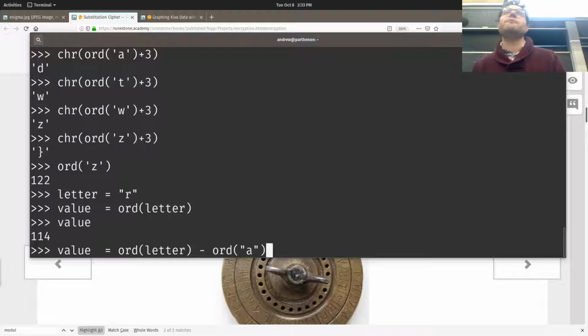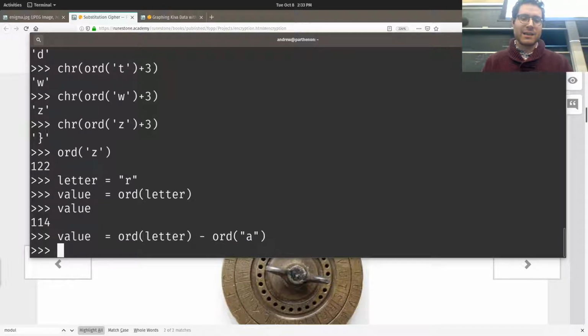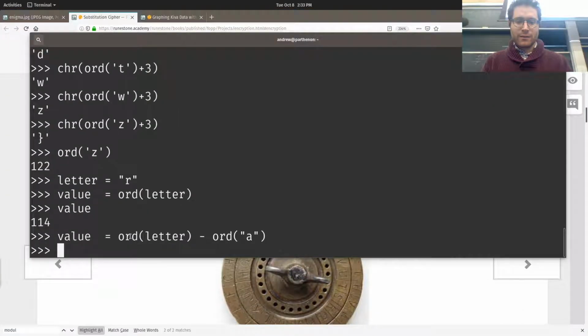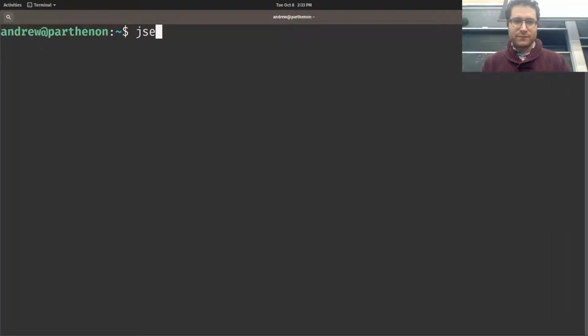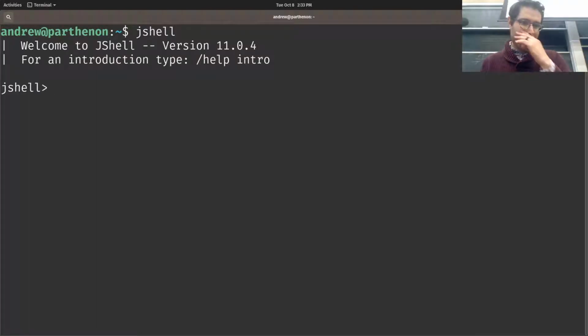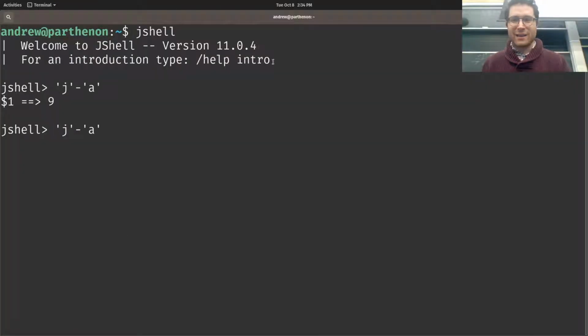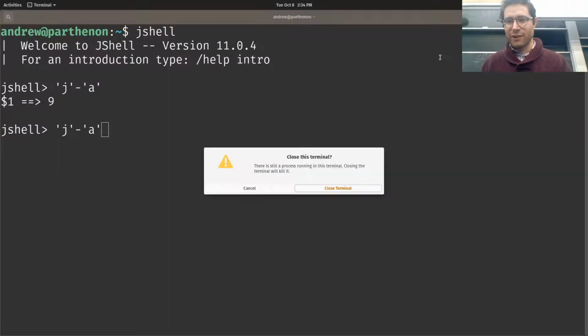By the way, it looks even weirder in Java, where I would just literally be doing something like J minus A and getting 9. So at least in Python, it makes you spell out what you're doing rather than trying to hide it from you.